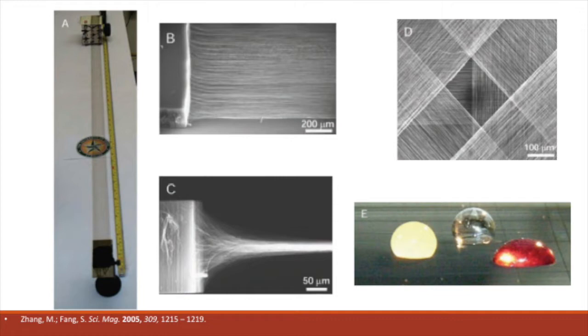In Figure A, we can see a photograph of a multi-walled carbon nanotube sheet that was hand-drawn from a nanotube forest at an average rate of 1 meter per minute. Its transparency is illustrated by the Nanotech logo placed underneath it on the table. In Figure B, we have an SEM image which captures a nanotube forest being drawn into a sheet.